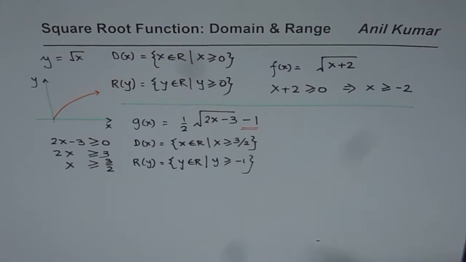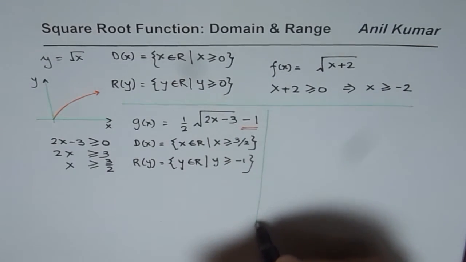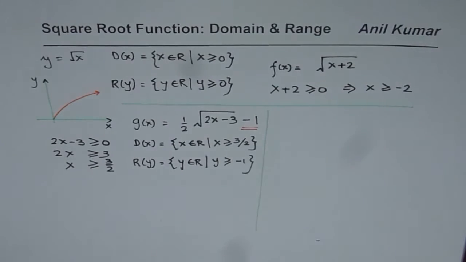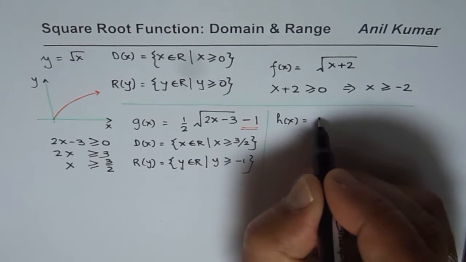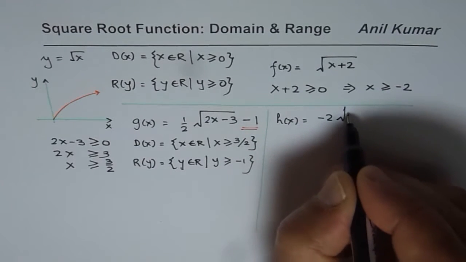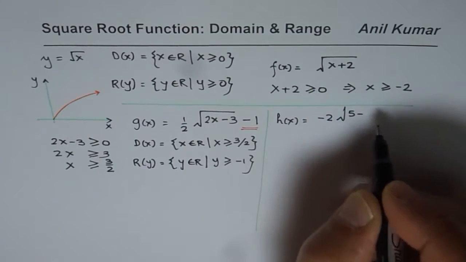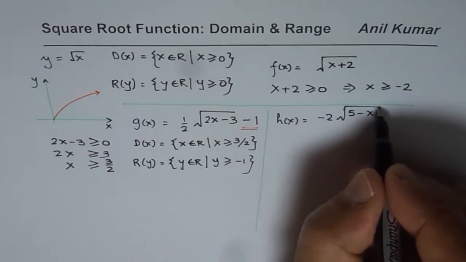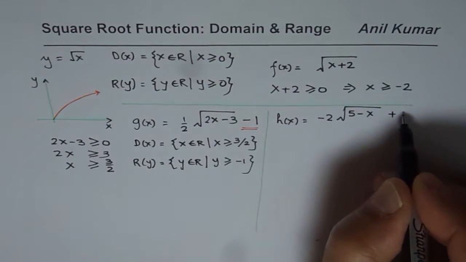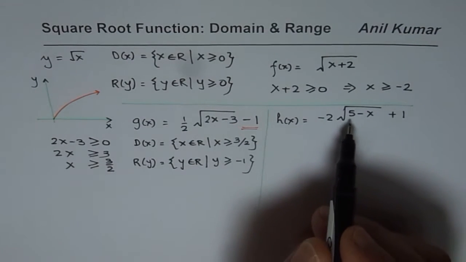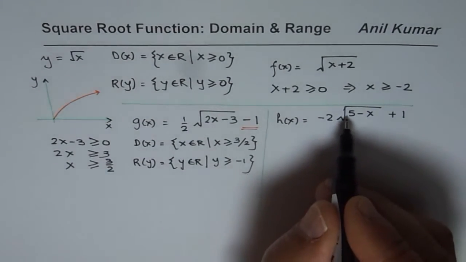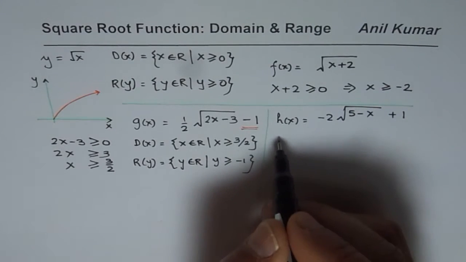Now we will see how it may change if we have a reflection also. So let me take another example, which is, let us say, h of x equals minus 2 square root of 5 minus x, and let's take plus 1 here. Now in this case, you can say that the interior of the square root should be non-negative.